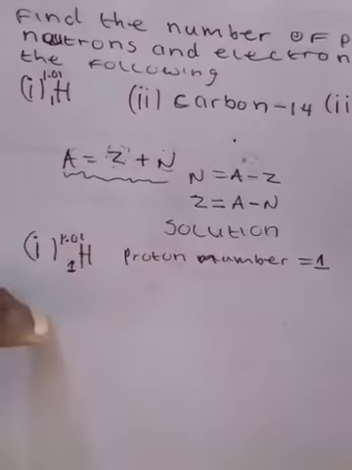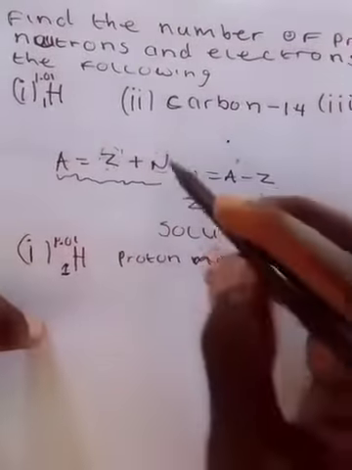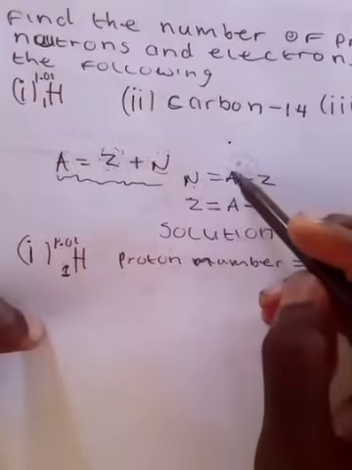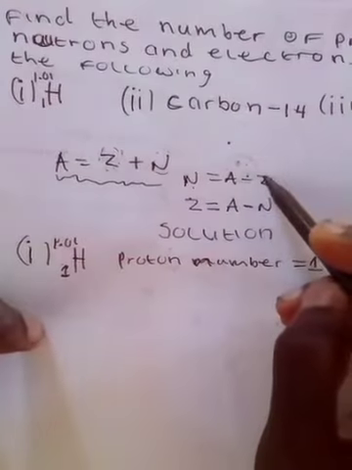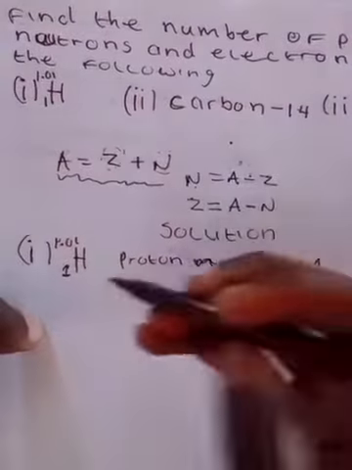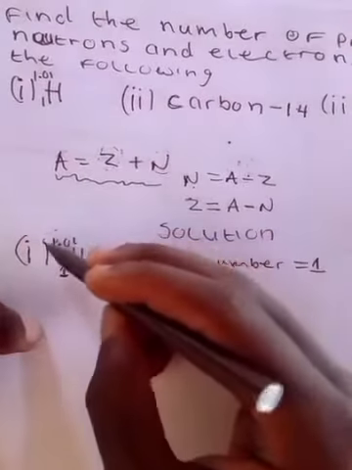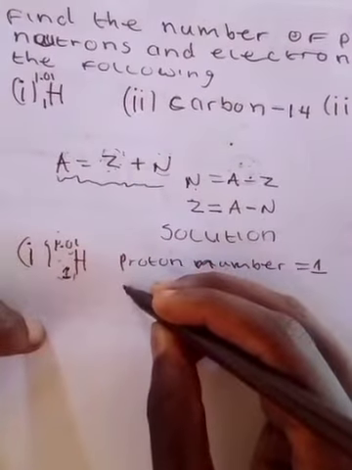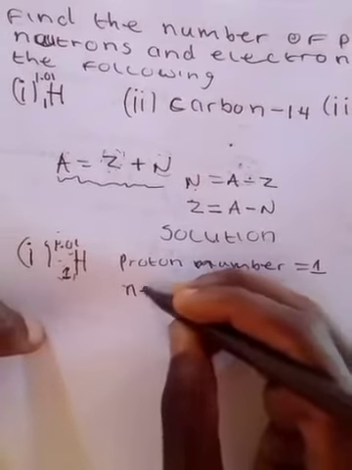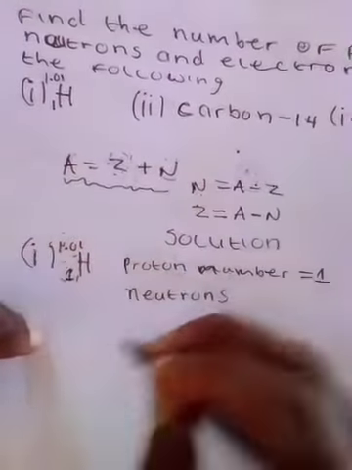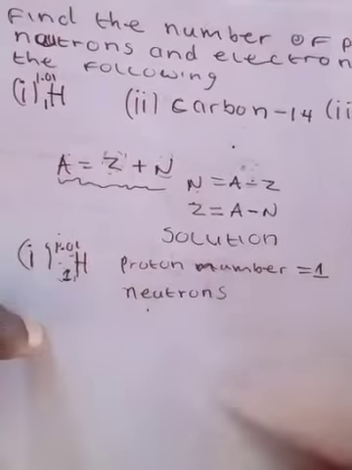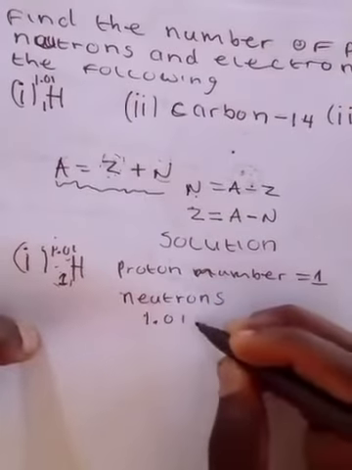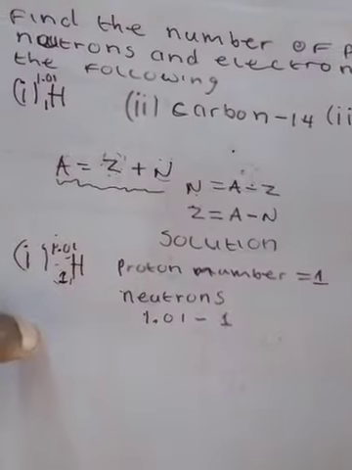As you can see here, you are going to subtract the atomic number, that is Z, or the number of protons, from the mass number, which is A. In simple terms, to find the neutrons, you just subtract this from this. So to find the neutrons, you're simply going to say 1.01 minus 1, and you're going to end up with 0.01.